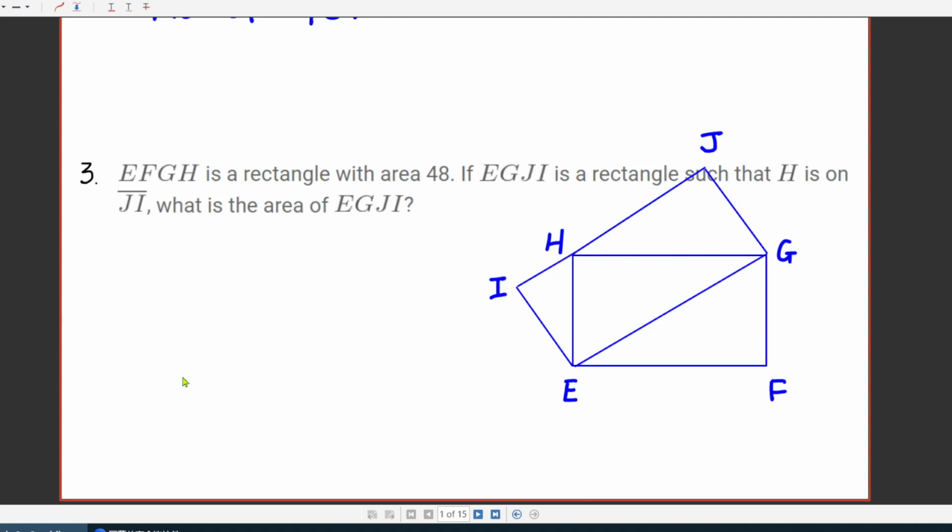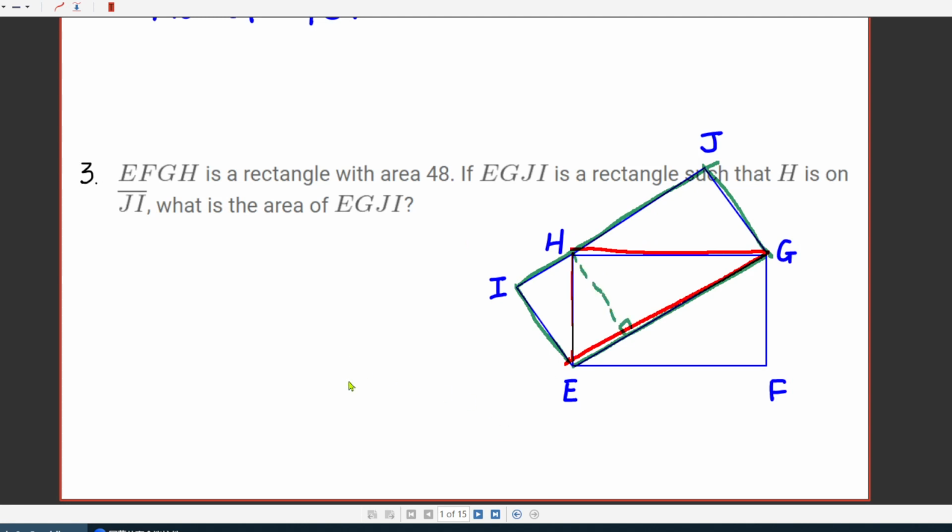And we know that triangle HEG and rectangle IEGJ share the same altitude from H to EG, right?